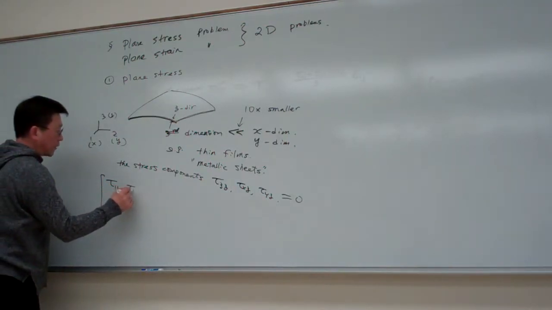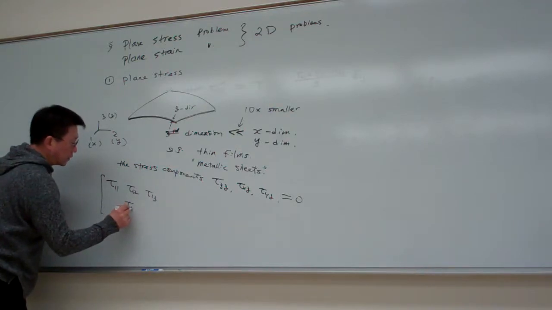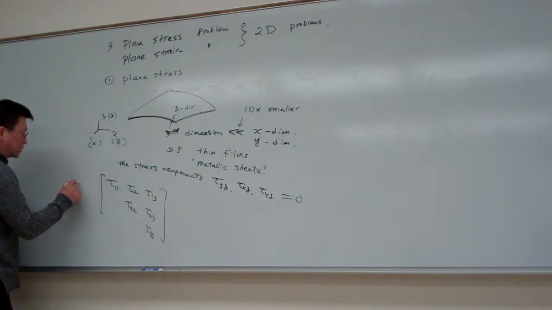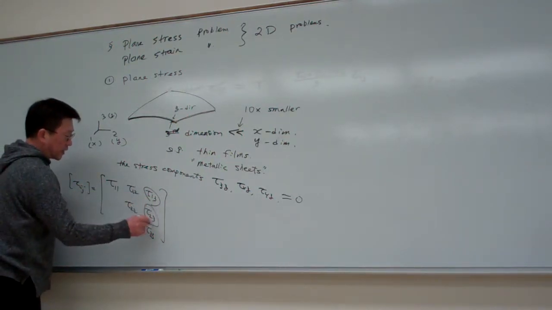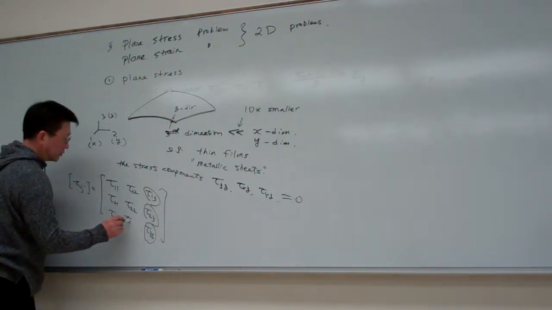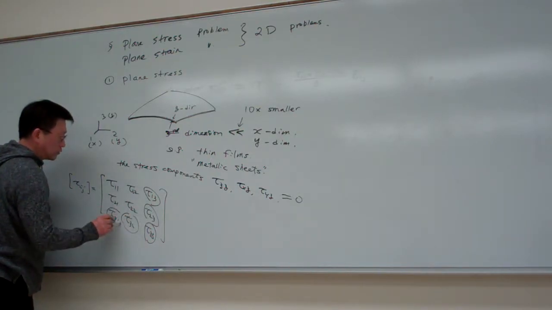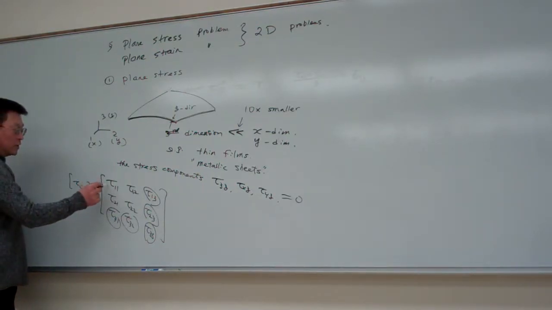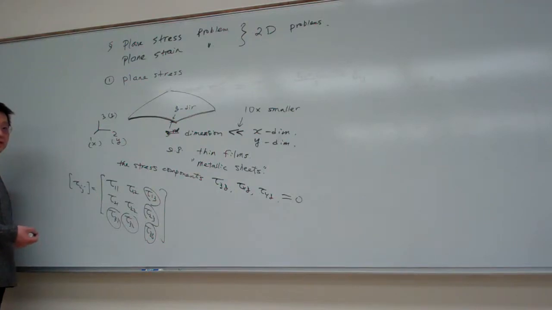For example, tau 11, 12, 13, and 22, 23, and 33, and this is a symmetric stress element. So this element, this element, this element, tau 21, 31, 32, those are 0, can be approximated as 0 in such a particular material model. So leaving only the elements we need to consider.